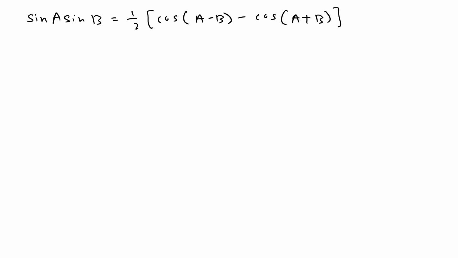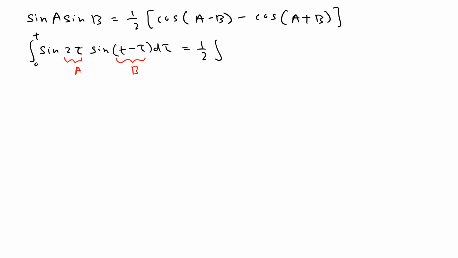So because of that, we have the integral from 0 to t of sine 2 tau sine t minus tau d tau. We take this as A and this part as B, so we can just plug in there. Once you do that, you get 1/2 the integral from 0 to t.